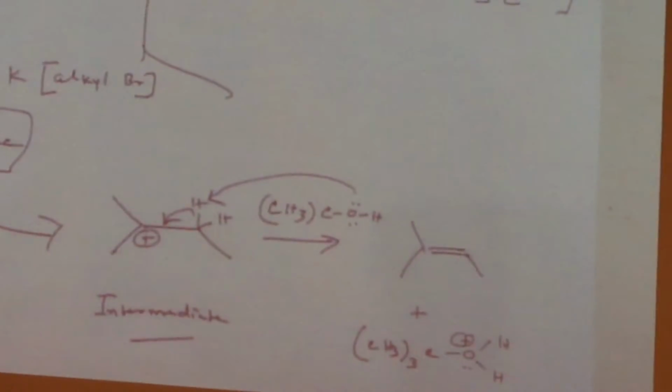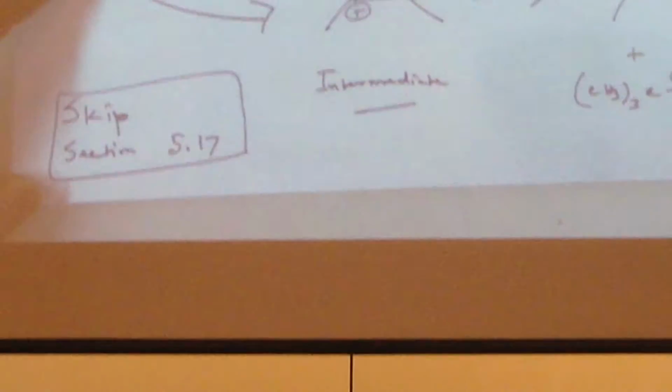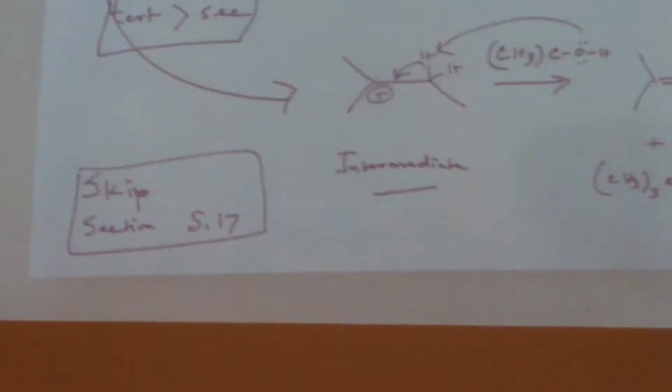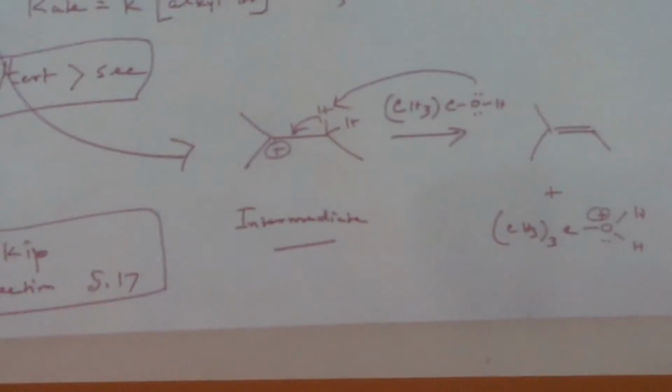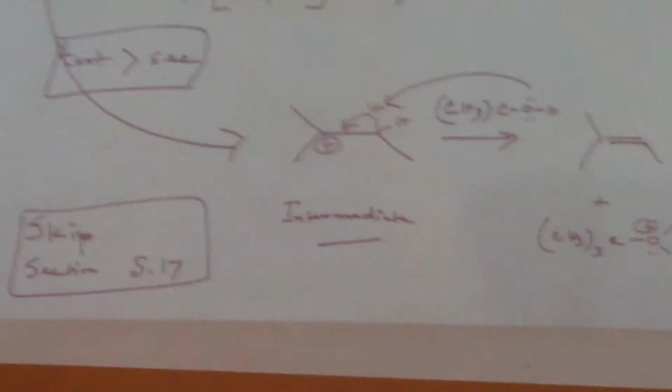Now there is one section I'm not going to discuss, and you are not responsible for that. Skip section 5.17, which involves isotope effect. Since we don't deal much with isotope effect in this semester, there is not much point in going into that.